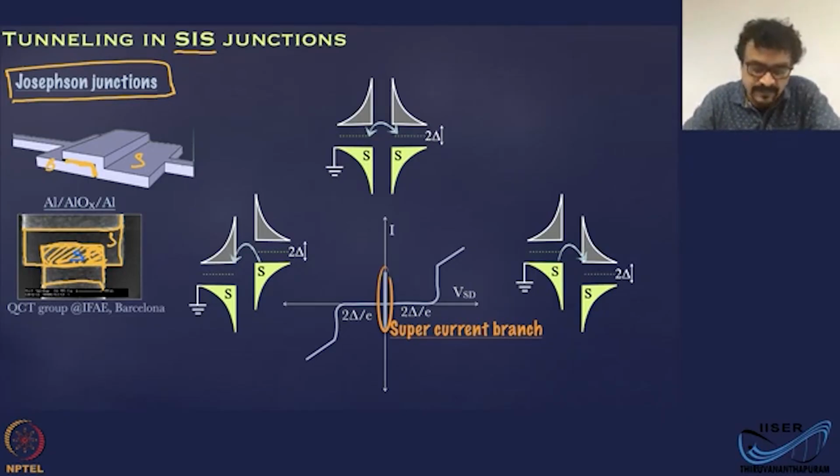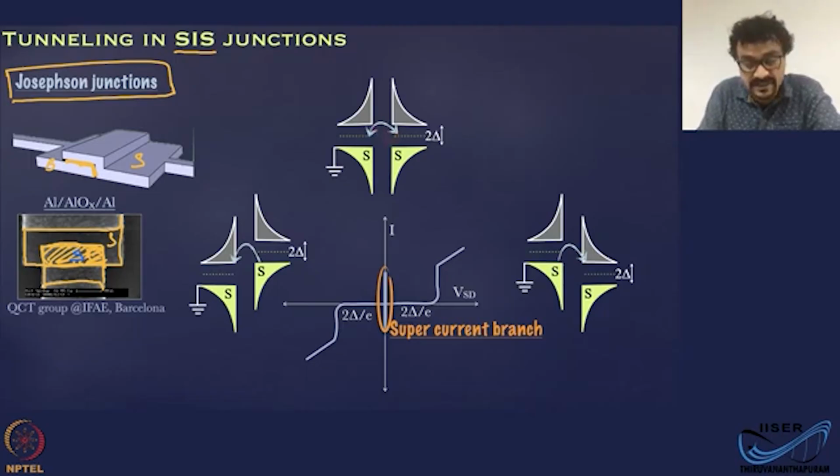Okay, so at zero bias, the Fermi levels on both sides are aligned. Then the Cooper pair level on one side is aligned to the Cooper pair level on the other side, and the Cooper pair can tunnel back and forth.